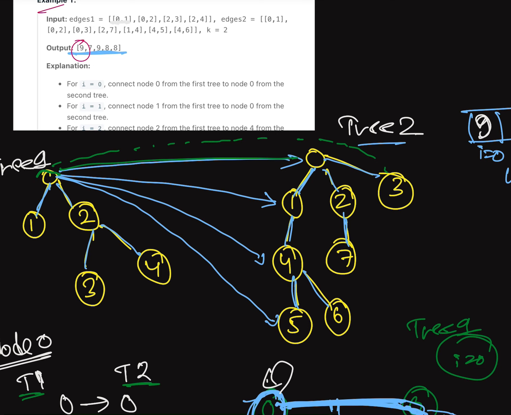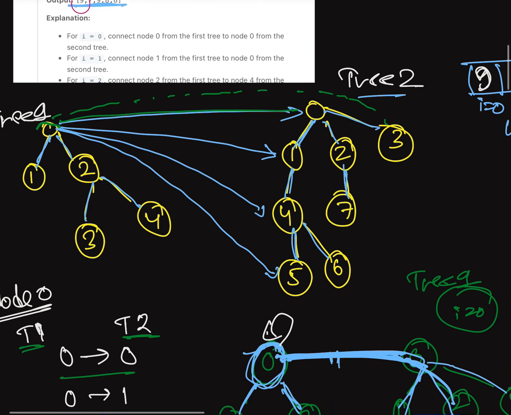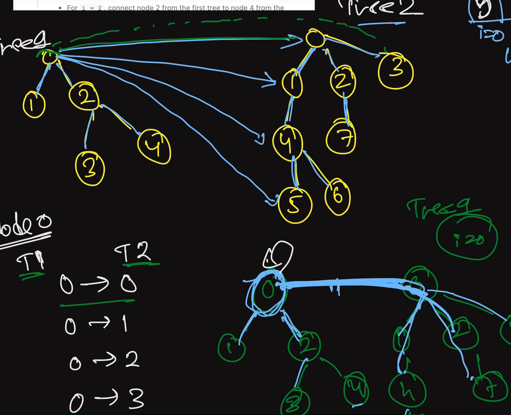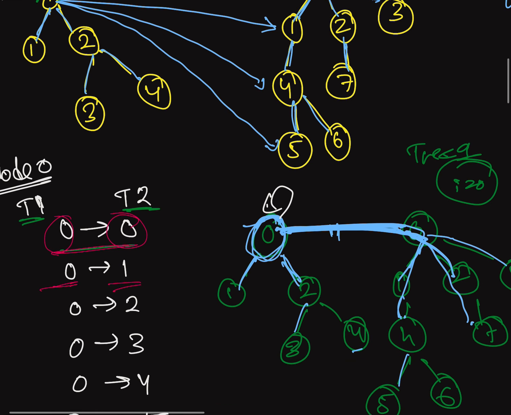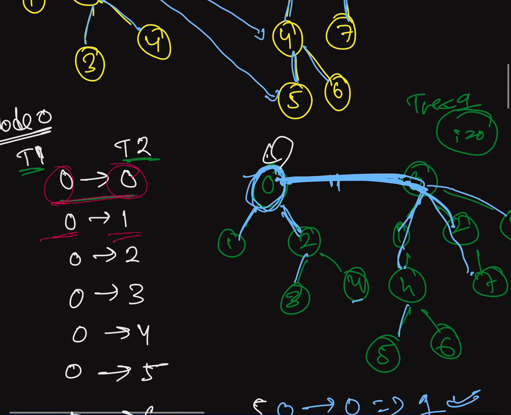So what is actually possible? What can we think of as a brute force approach? First of all, we can connect the 0 node from tree 1 to the 0 node of tree 2. We can connect the 0 node from tree 1 to the 1 node of tree 2. Then we can calculate the maximum number of targets possible for node 0.